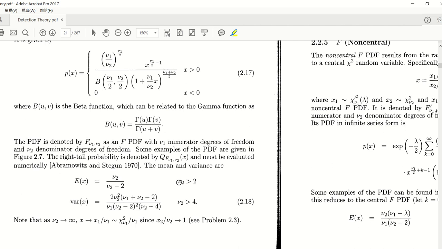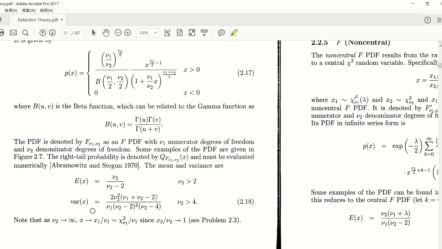If V2 is not larger than 2, or not larger than 4, then what's going to happen? The answer is it does not exist.